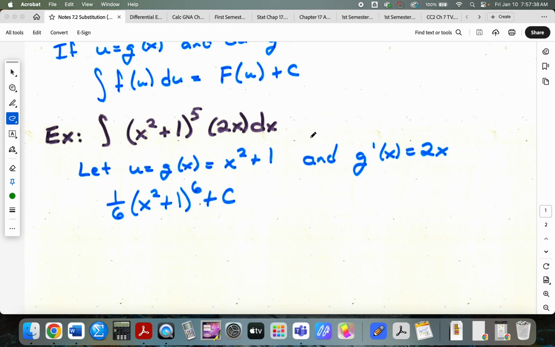We could also have taken the time to do the u substitution. If u is equal to x squared plus 1, I'm going to write this down here. If u is equal to x squared plus 1, then du would be the derivative 2x times dx.